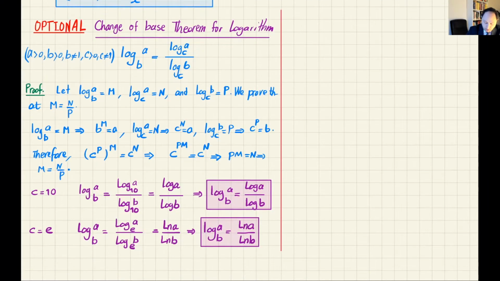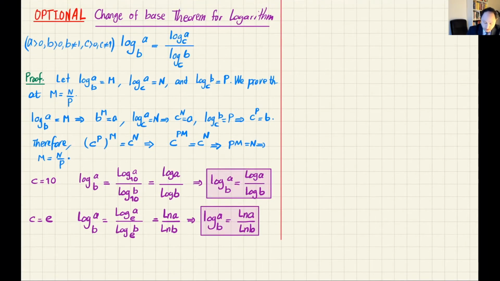By the way, let me write one consequence of this. Another interesting situation is that you take C to be A itself, if A is not equal to 1, of course, yes? If A is not equal to 1, then let us choose C to be equal to A this time.